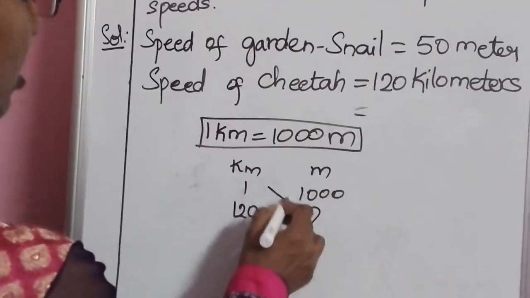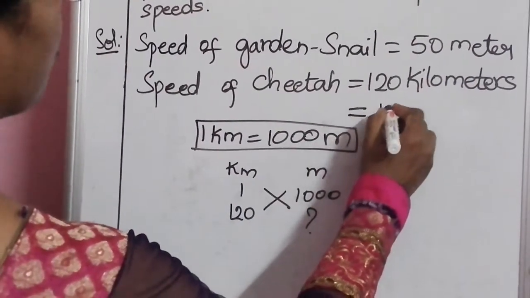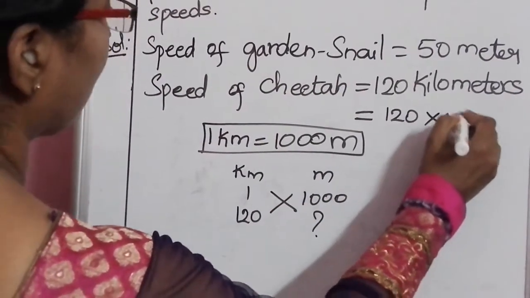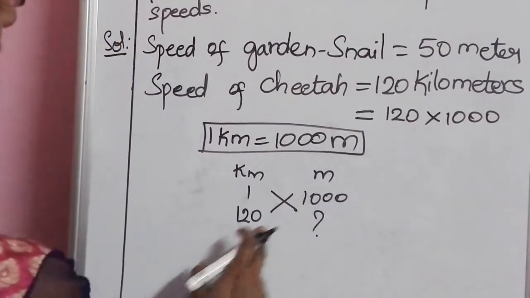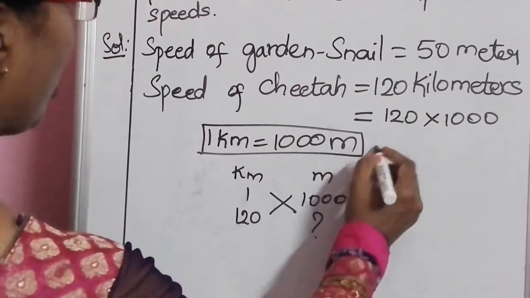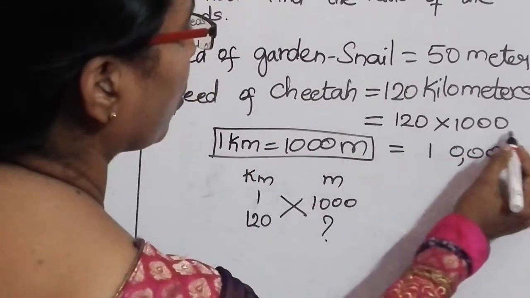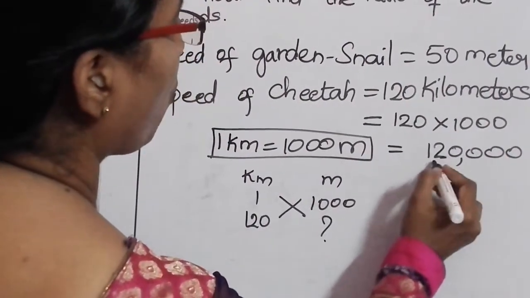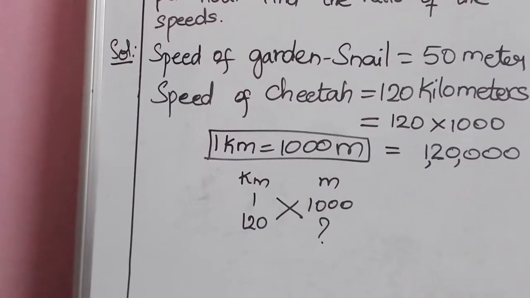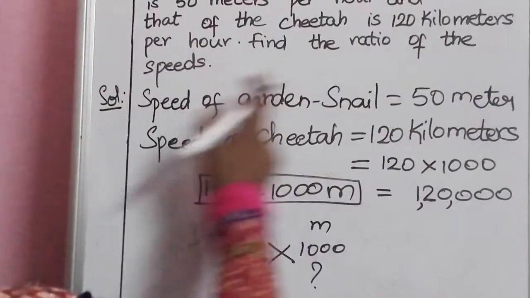You need to cross multiply 120 into 1000 divided by 1. Divided by 1 is nothing but without that also it is. So this is 1,20,000.